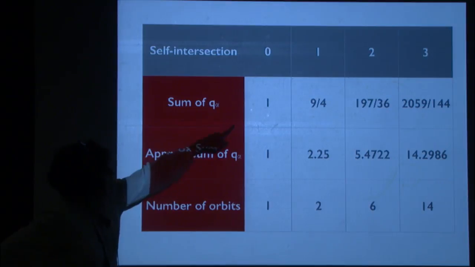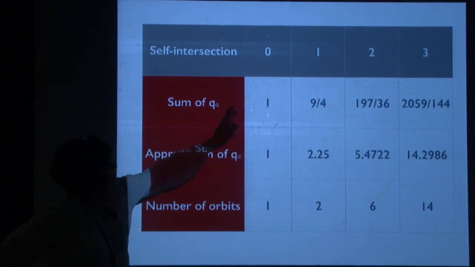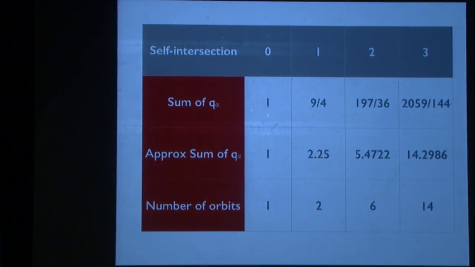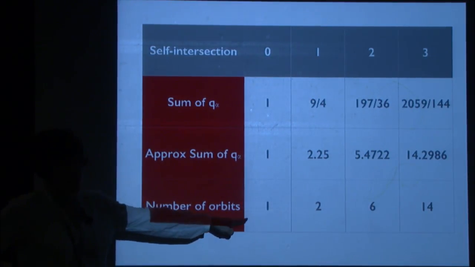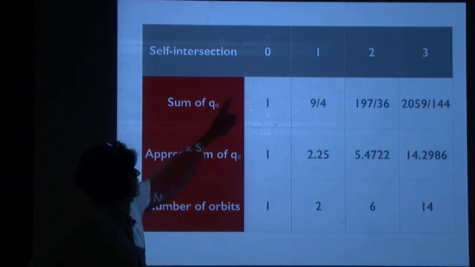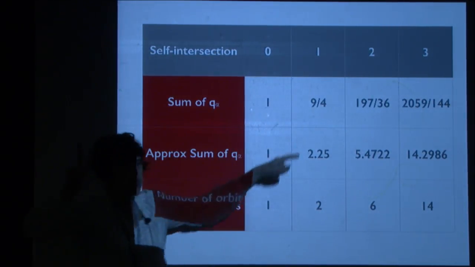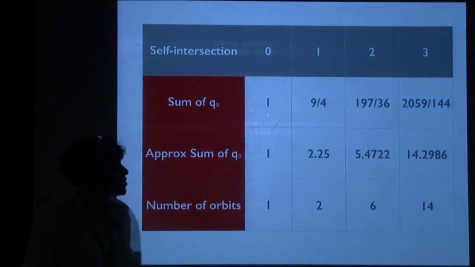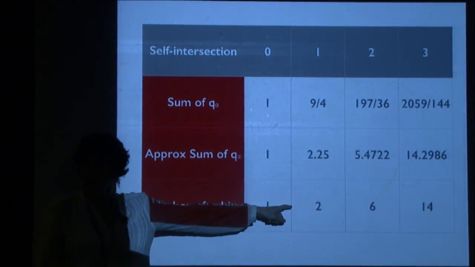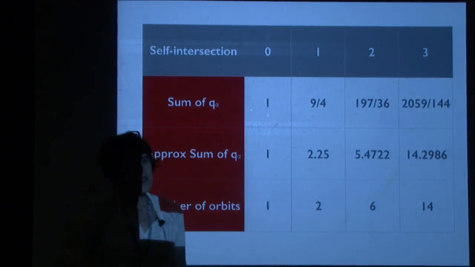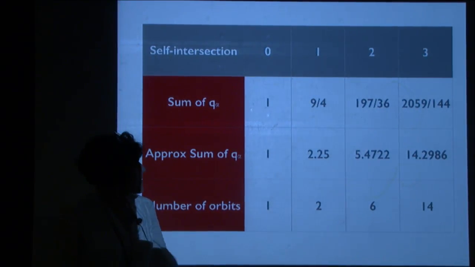And so if I add the rationals, well, there was only one, and there's one orbit. If you add the rationals, in the case of self-intersection 1, there were two orbits. I get 9/4, which is 2.25, and there are two orbits. There are 6 orbits for 2.